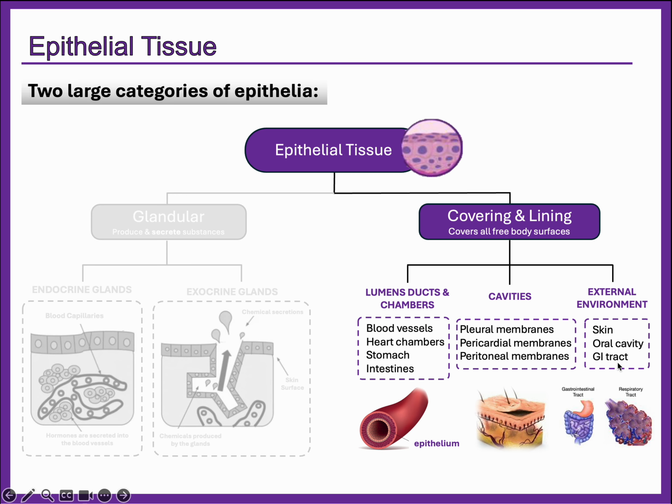The GI tract, the gastrointestinal tract, is a tube that goes from the mouth all the way to your rear end. One of my physiology teachers said that we are like one big donut, and we are just a hole that goes from mouth to anus, and all the rest of us is that middle good donut stuff, right? But we have a hole that goes all the way out, right?